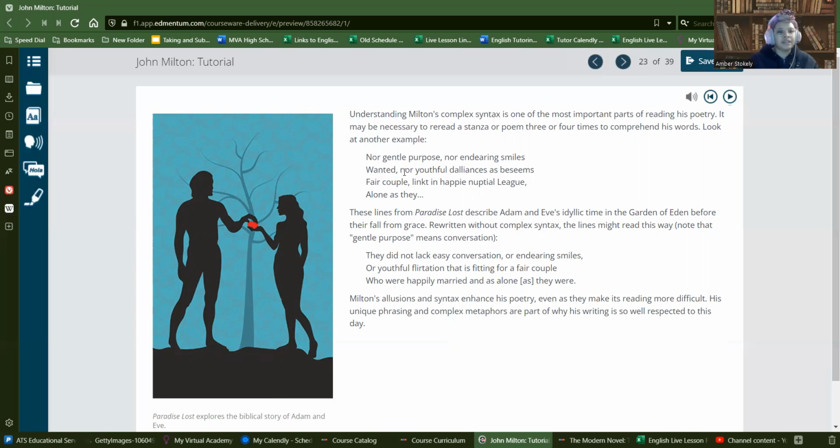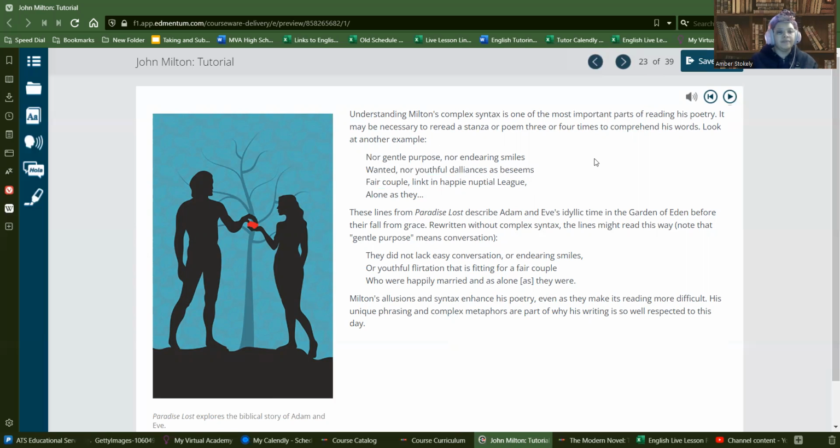So then we go to the next line here. It says, "nor youthful dalliances as beseems fair couple." So this "nor," again, we've got "or endearing smiles." So this "nor" here just adds on to it. It says they also didn't need youthful dalliances. So the dalliances are like flirting.